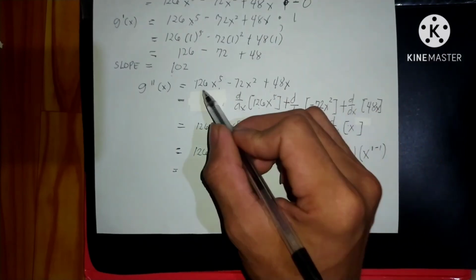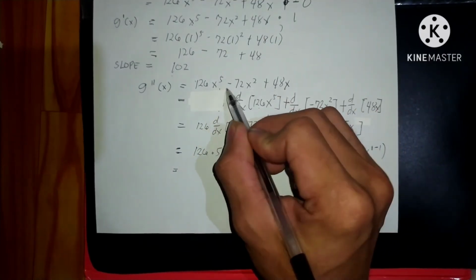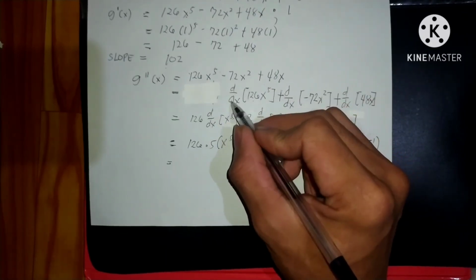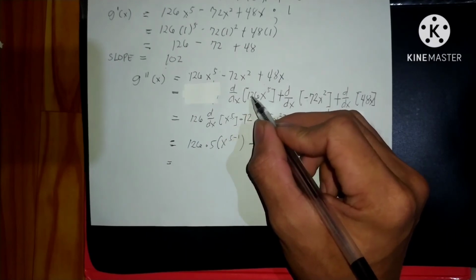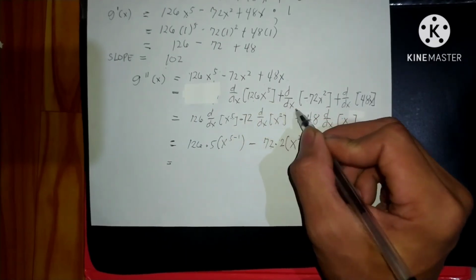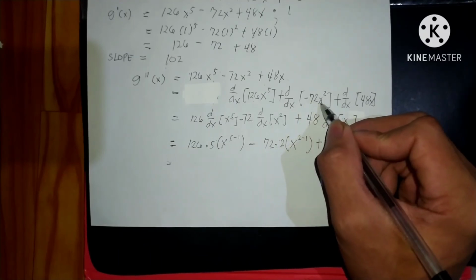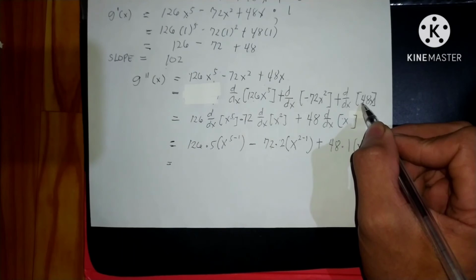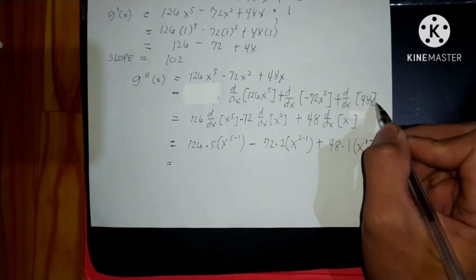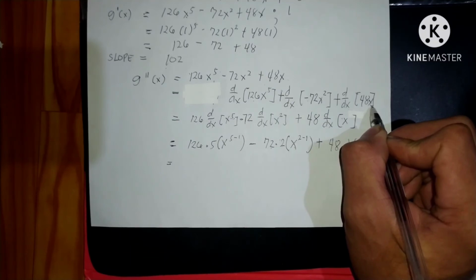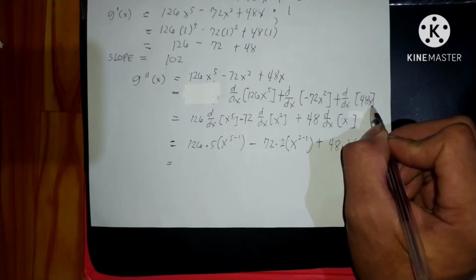the derivative of 126x raised to the power of 5 minus 72x squared plus 48x is equals to d over dx, open bracket, 126x raised to the power of 5, close bracket, plus d over dx of negative 72x squared plus d over dx of 48x. So, ang next natin na gagawin, i-evaluate natin siya.